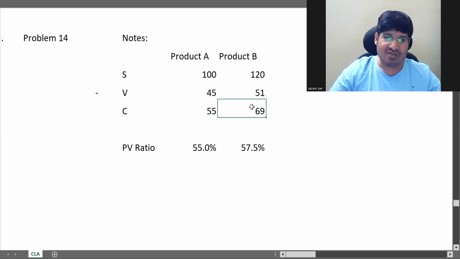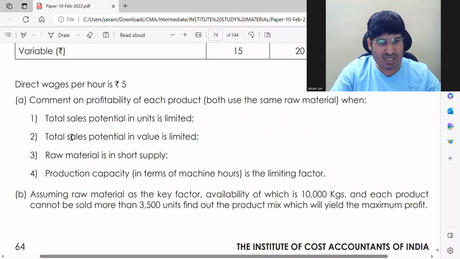Now, second, what they have asked is sales in value is limited. Total sales potential is limited. Here units are limited, which means either you can sell only a certain number of units, you will go for this or this. That is the question. Now, sales potential in value is limited.